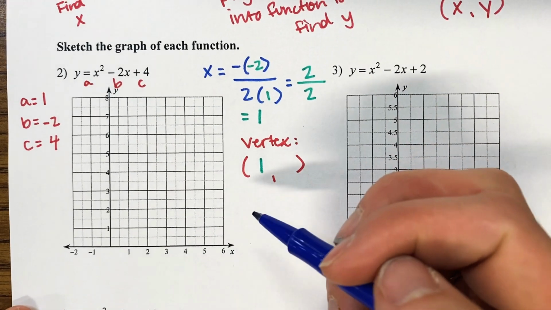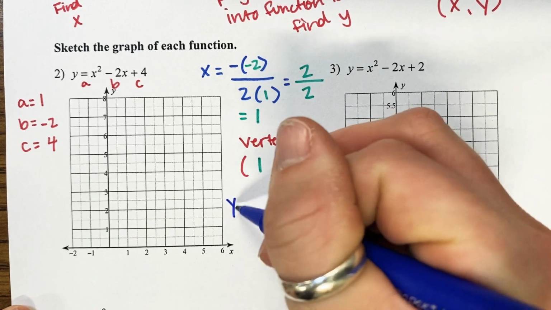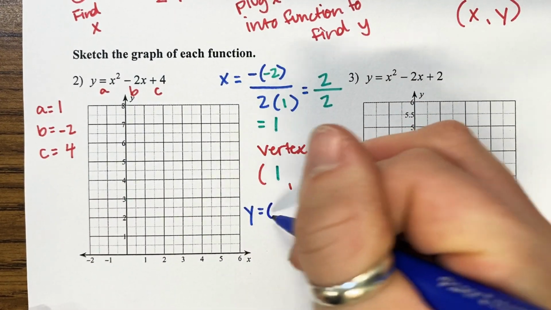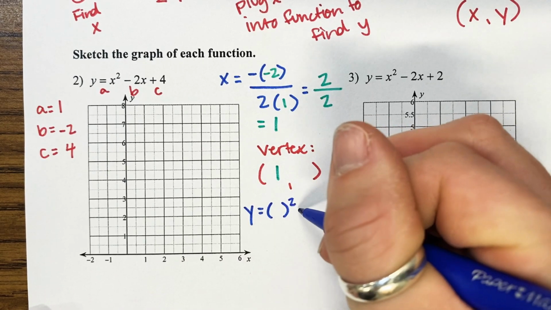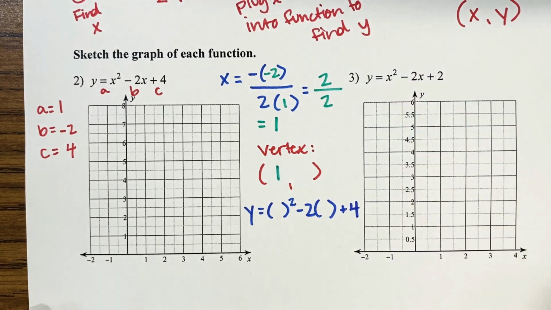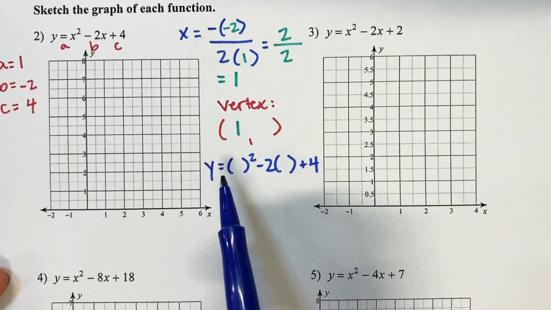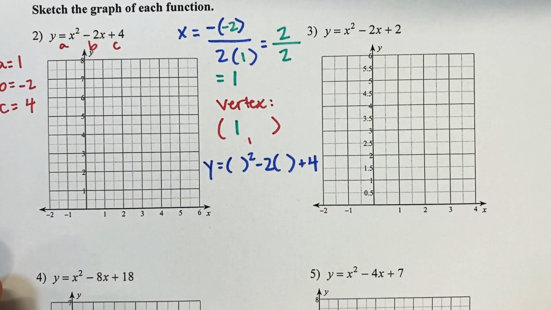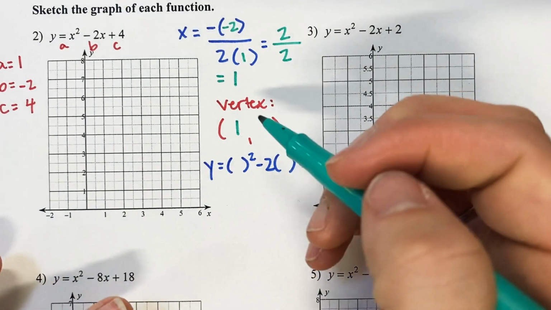So I'm going to write out the whole equation here. We know that y now equals x squared, but instead of an x, I'm going to put a space, minus 2 times x plus 4. Now everywhere I have that space, I'm going to plug in my negative 1, or excuse me, positive 1.